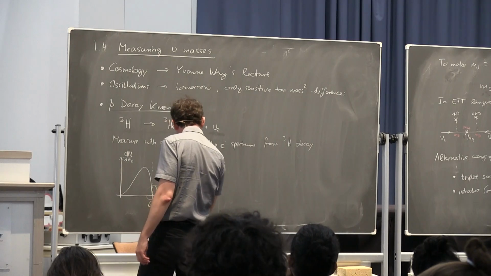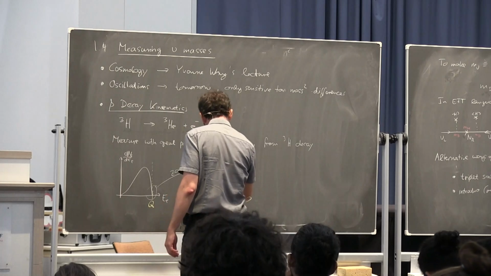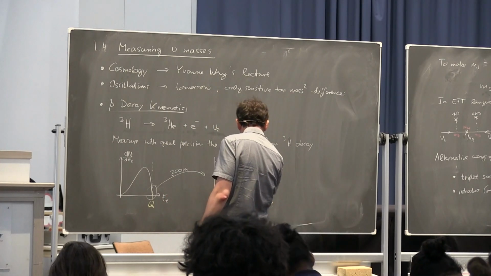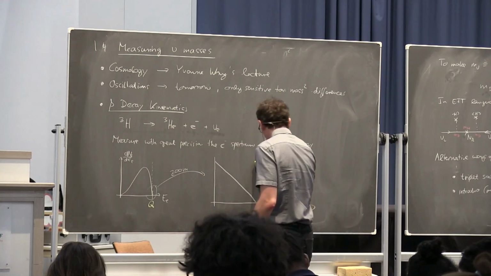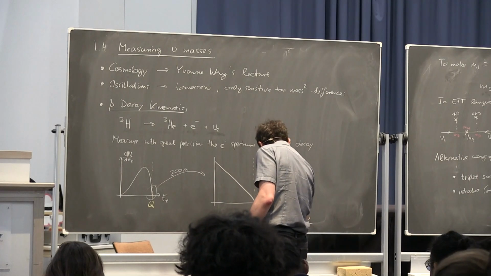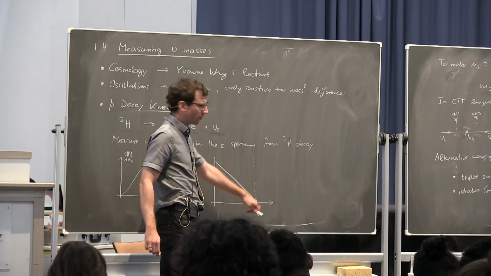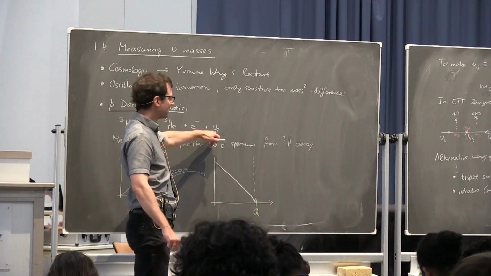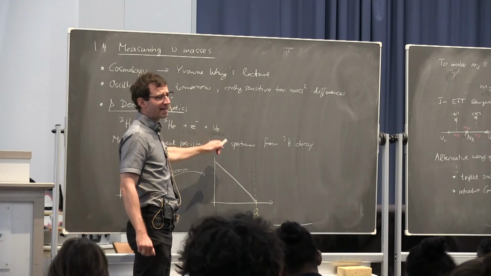But now let's zoom into this endpoint region here. So we have the steeply falling beta decay spectrum ending up at the endpoint. And as I said, the configuration right at the endpoint is a configuration where all the available energy goes to the electron and none goes to the neutrino. However, neutrinos have mass.